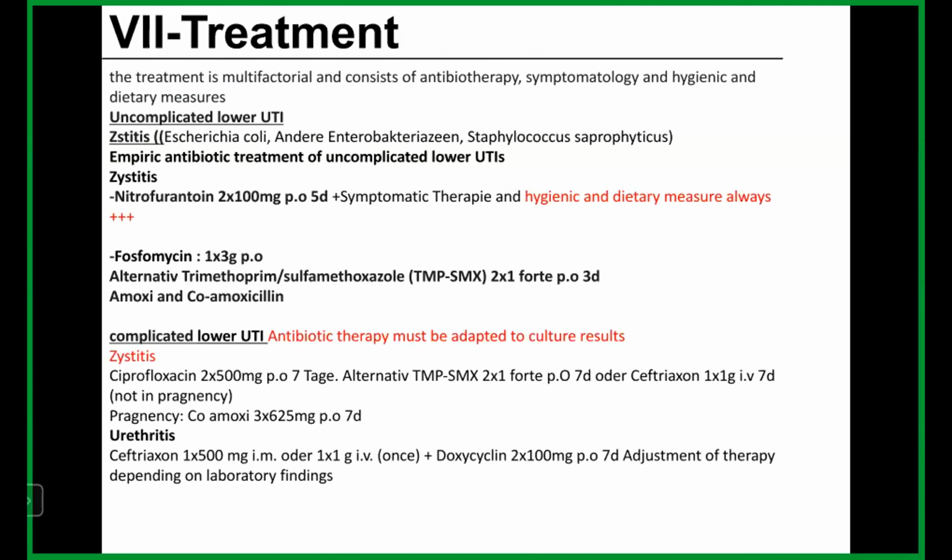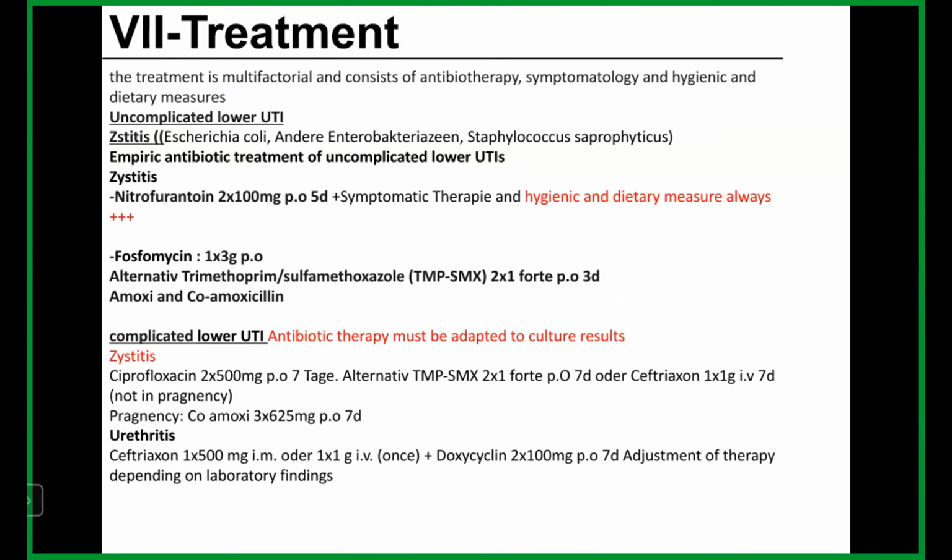My favorite part, the treatment of the urinary tract infection. If you remember from the first part, we saw the classification of the urinary tract infection, and I said that this classification is going to help us with the therapy, to see how we can treat it.